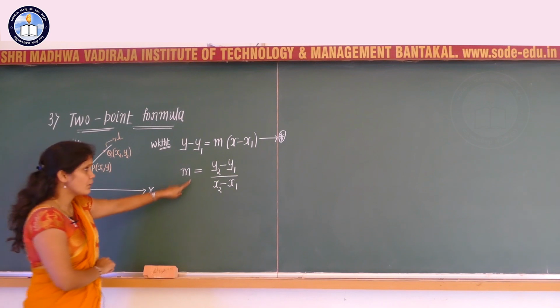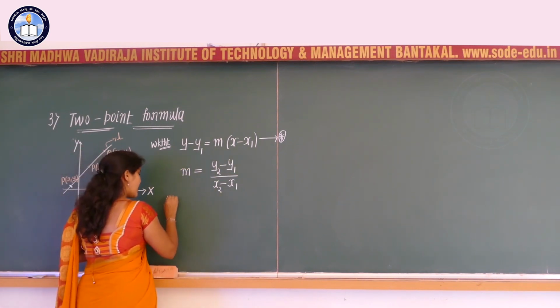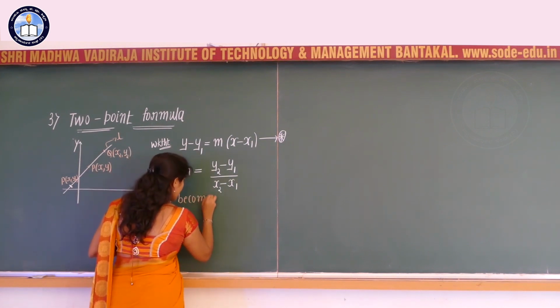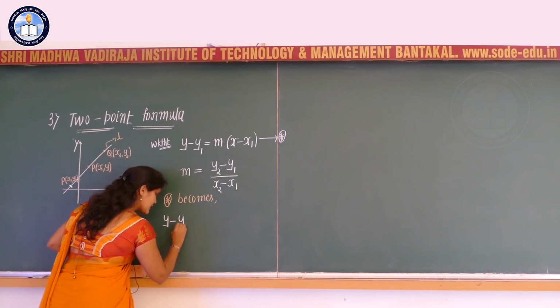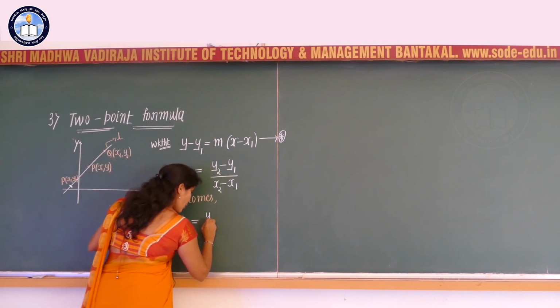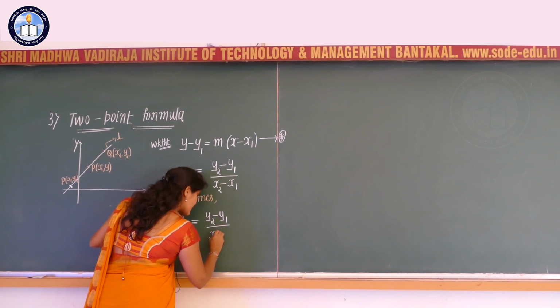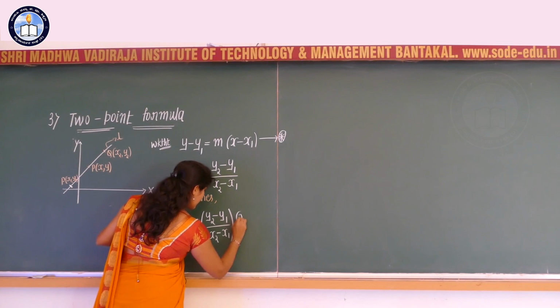Substituting this value of m in equation star, it becomes y minus y1 is equal to y2 minus y1 divided by x2 minus x1 into x minus x1.